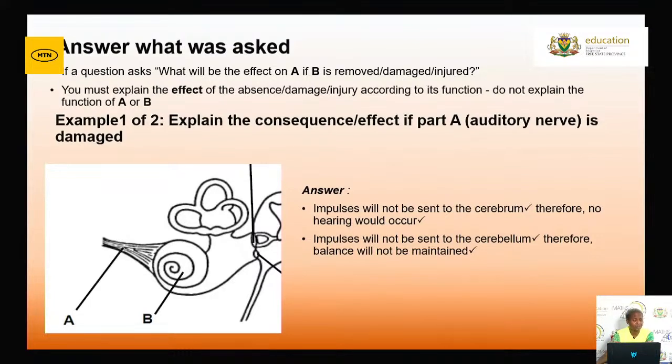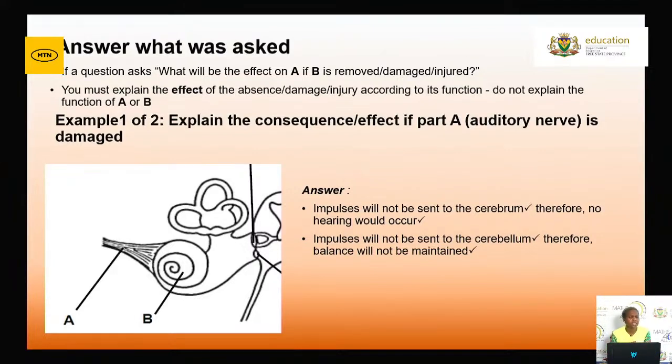Now you have to explain what will be the consequences, what will be the effect if this auditory nerve is damaged. In this case, please remember that you have to use the very same functions to answer these questions. Like I have said, the auditory nerve transmits the impulse to the cerebrum for hearing.